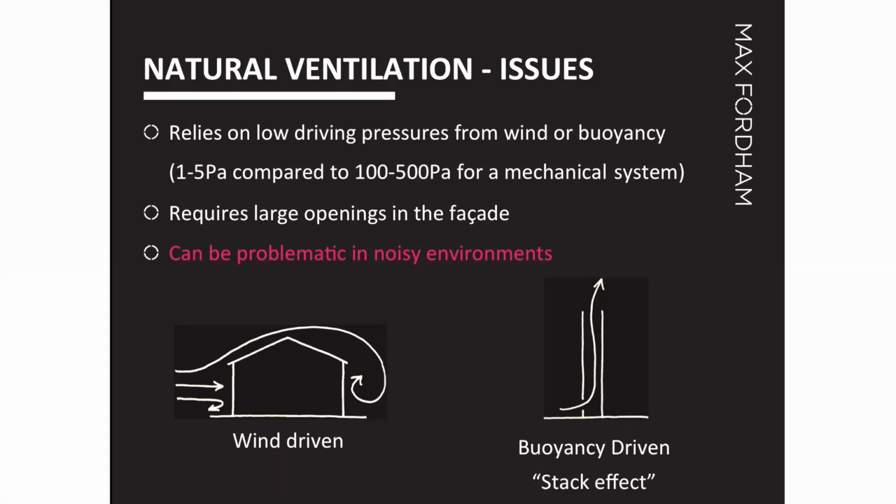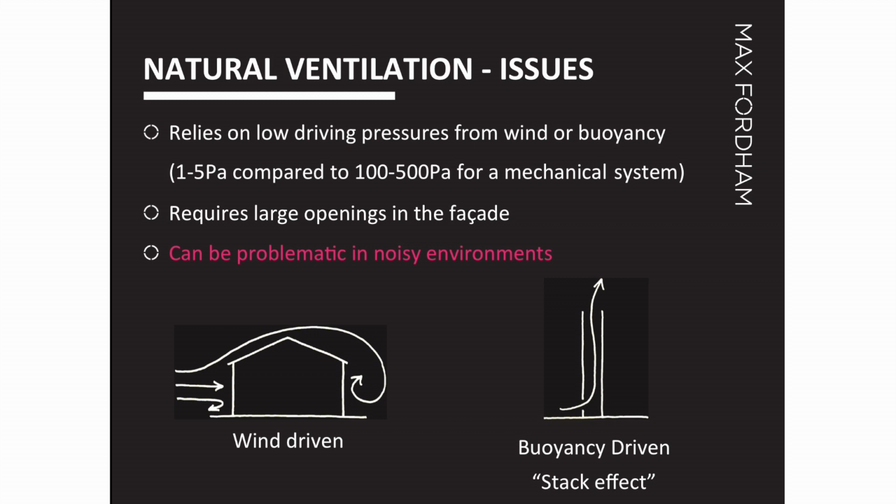So with natural ventilation, what are the issues? It relies on low driving pressures from wind and buoyancy, and there's a huge difference between the pressures available for natural ventilation, 1 to 5 pascals, as compared to 100 to 500 pascals in a mechanical system.